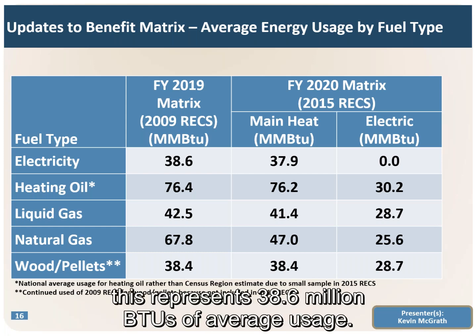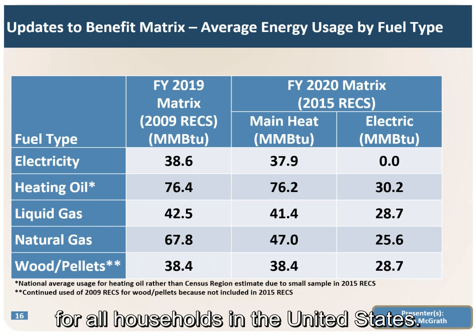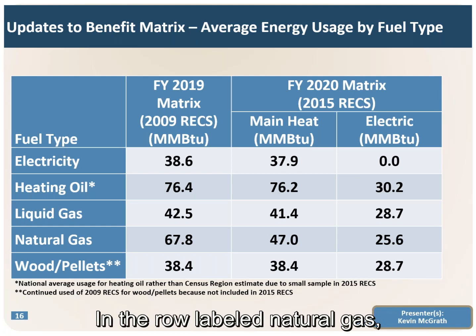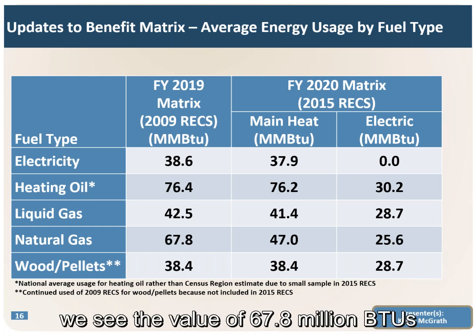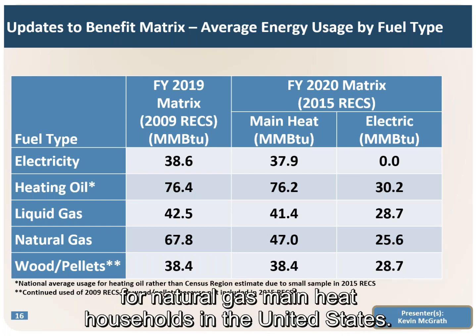This represents 38.6 million BTUs of average usage, and it represents the average electric usage for all households in the United States. In the row labeled natural gas, we see the value is 67.8 million BTUs and represents the average natural gas usage for natural gas main heat households in the United States.